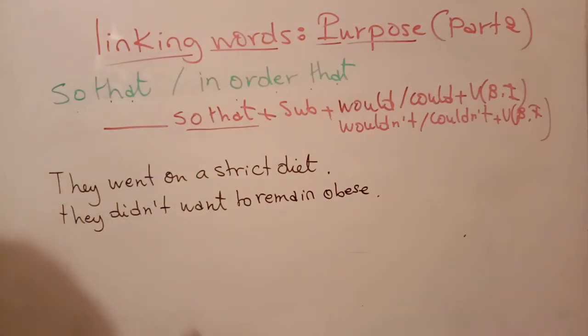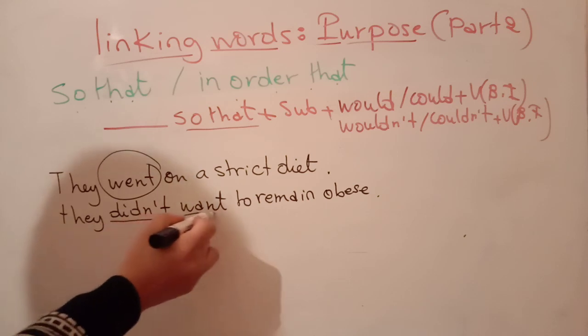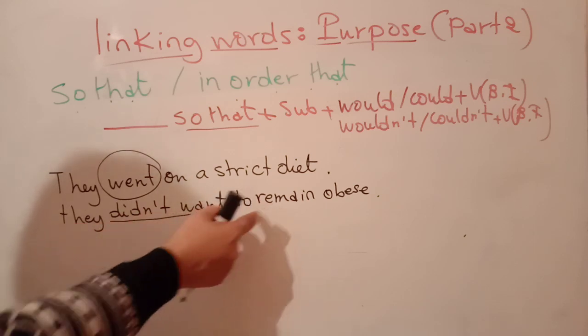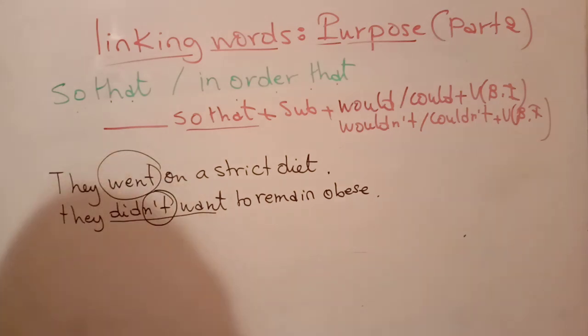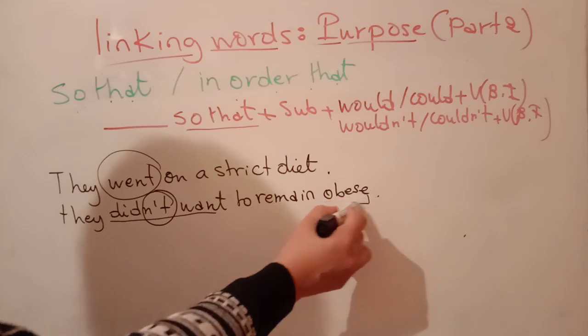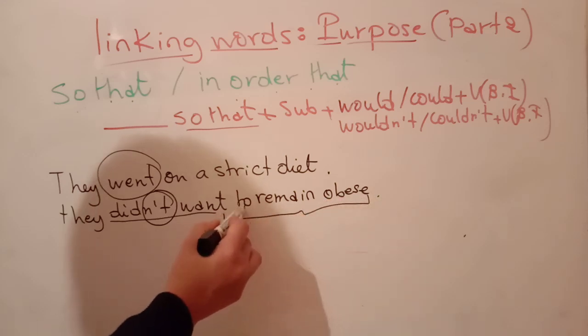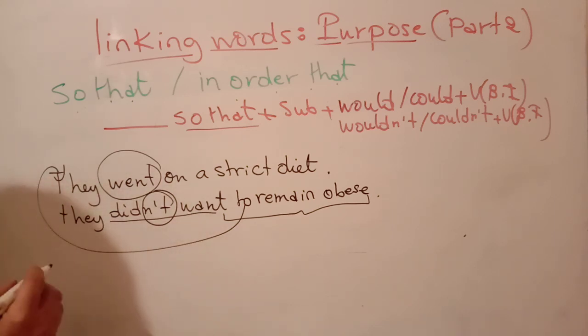So the same thing, we have a past situation, but here we have a negative sentence. The purpose is in a negative sentence, so we have to keep not. Here, not to remain obese refers to the same subject, which is they. Clear? So here we have only one subject.